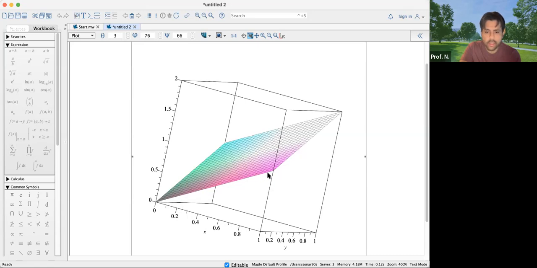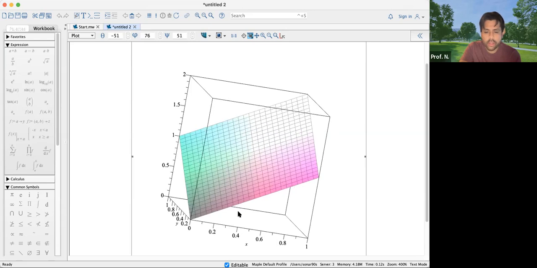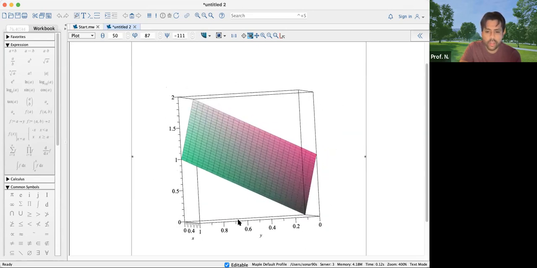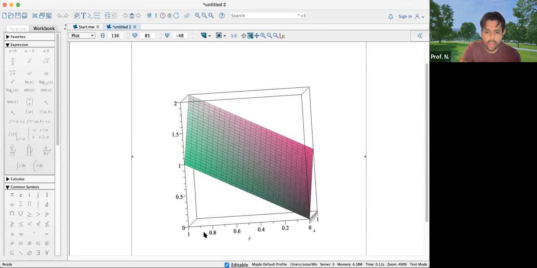The same thing goes for the other side. If your x values are all zeros and you're just looking at the y values, you get this line, exactly the same as the line on the other axis. Everything in between are the different non-zero values for x and y.